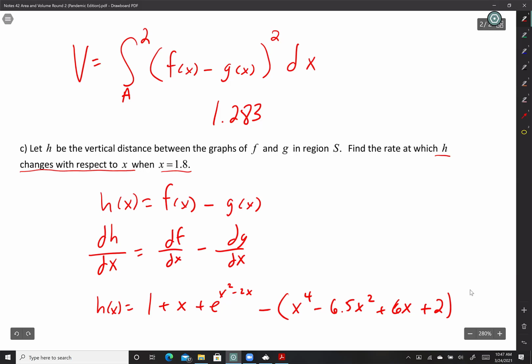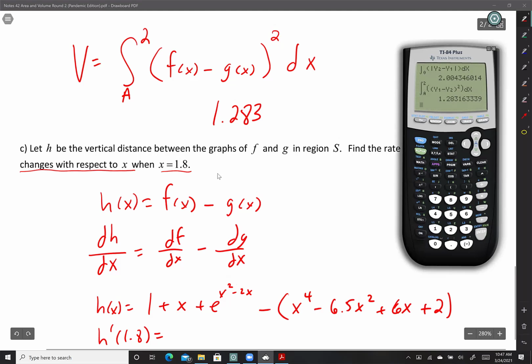I'm not going to bother distributing the negative, and then I'm just going to say h prime of 1.8. So I take my calculator, and that's just derivative. I have it in Y1 and Y2, so I'm going to go math, and I want number 8.